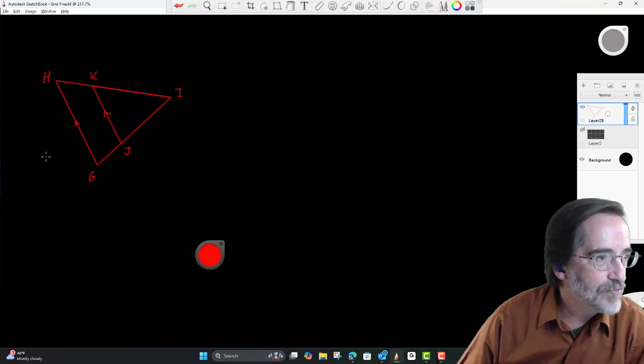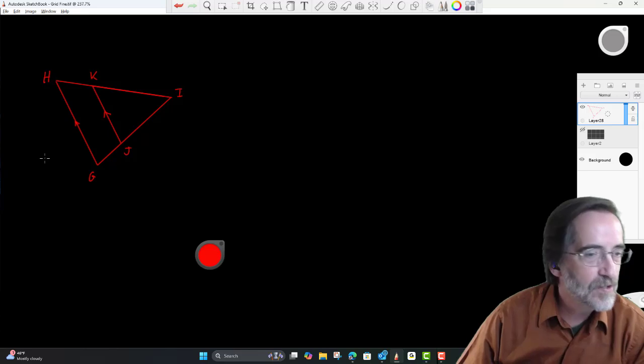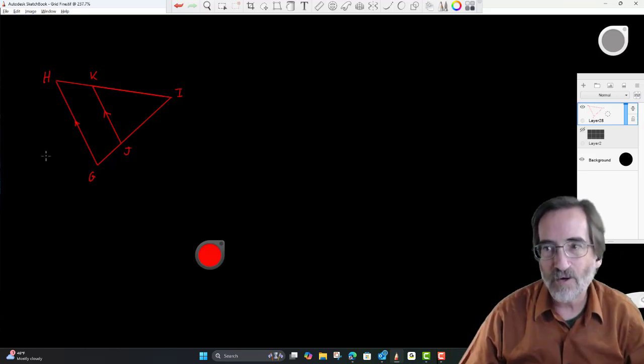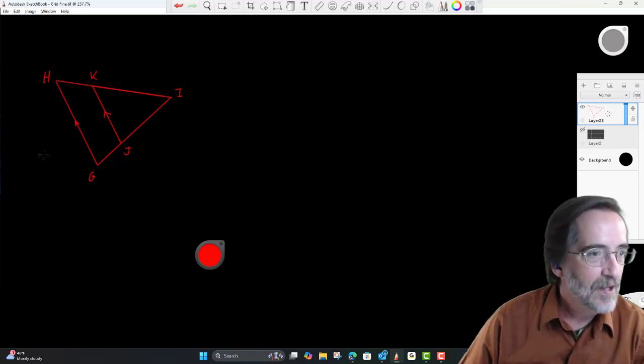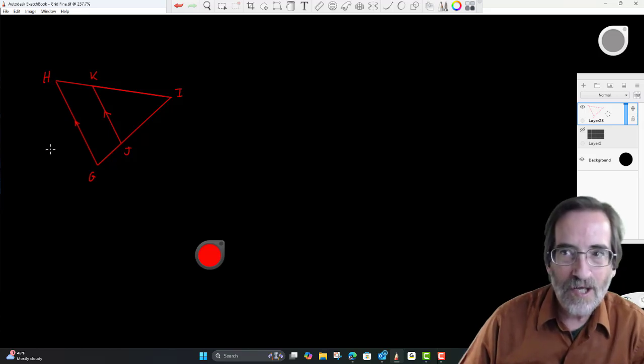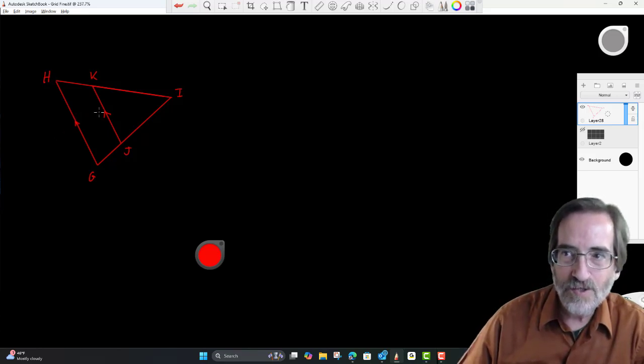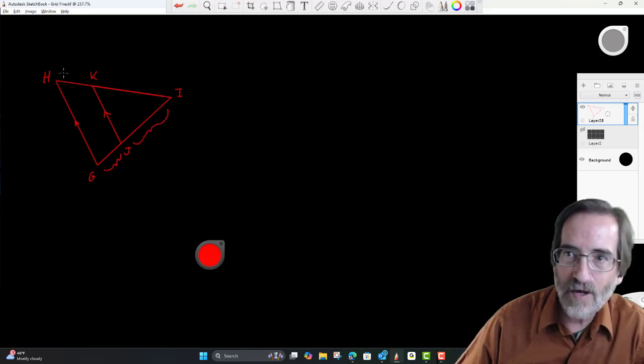And then part B, prove using a two-column proof or a paragraph proof. You're going to write a paragraph proof. I'm going to write a two-column proof. That GJ, this segment right here, is to JI, this segment right here, as HK is to KI.